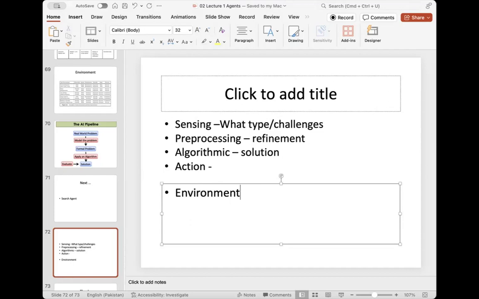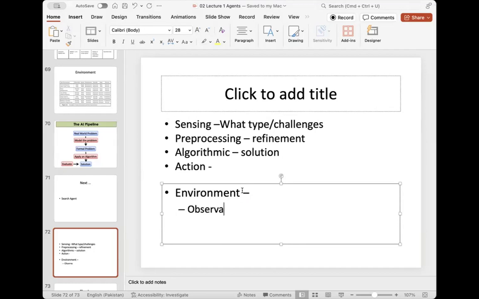For example, in the example of Rhino that you saw, we'll try to identify what type of environment it was. Now I'll give you the types of environments, and then you can determine, based upon the problem that you are trying to solve, what type of environment you are in.